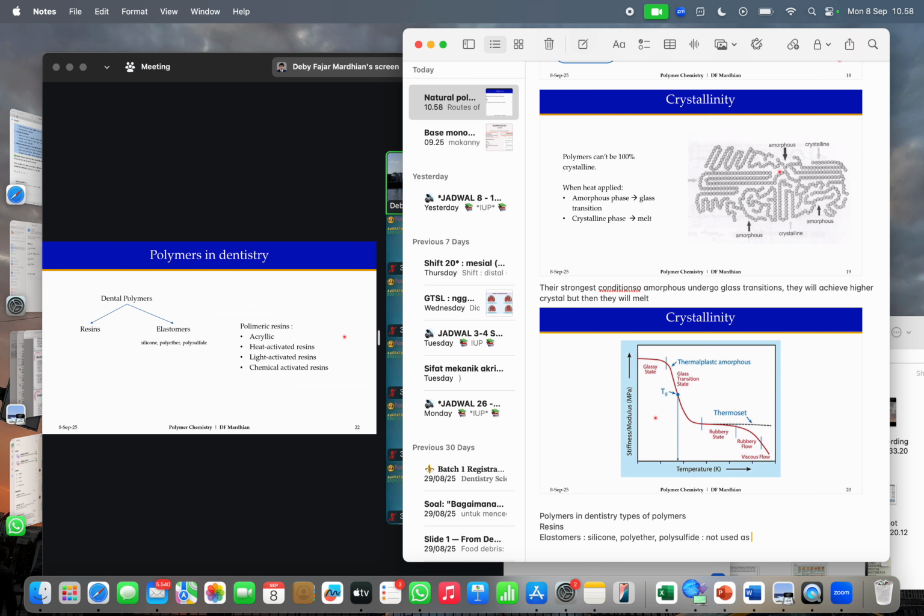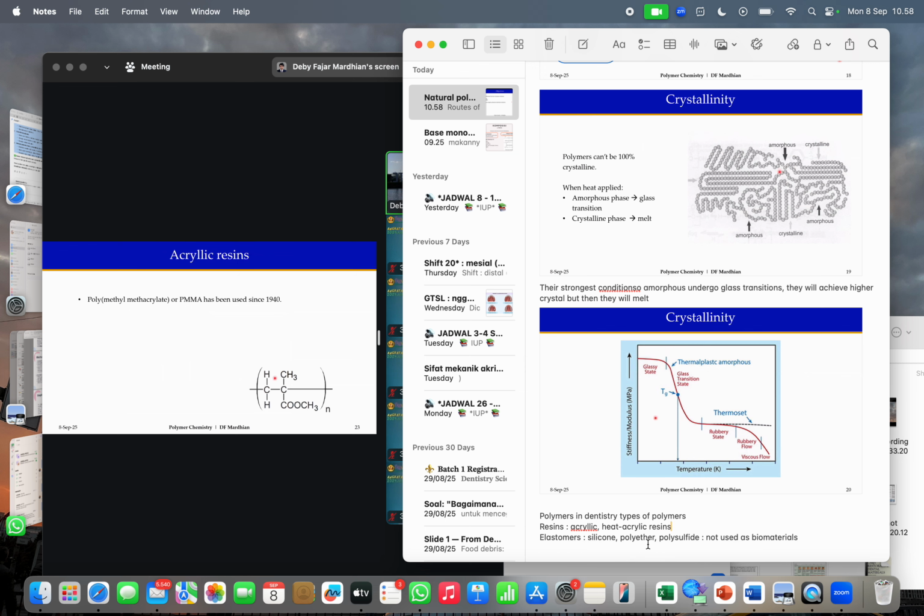And polymeric resins used in dentistry include acrylic, like heat activated resins, light activated resins, and chemically or self activated resins. So acrylic resin is mainly polymethyl methacrylate or PMMA that has been used since 1940.